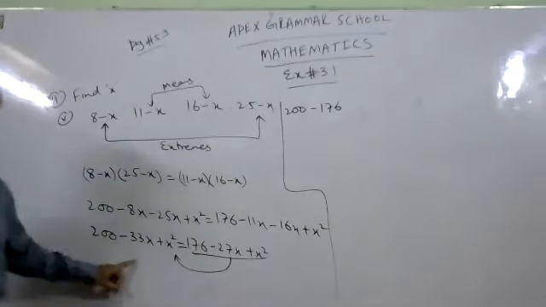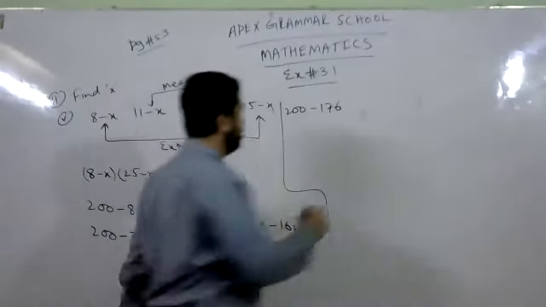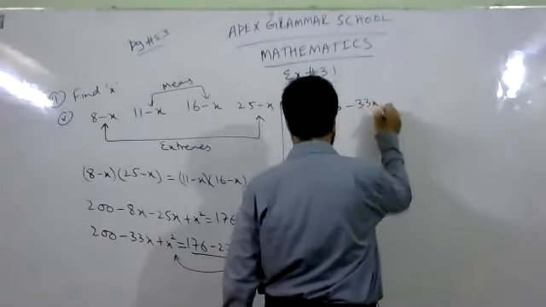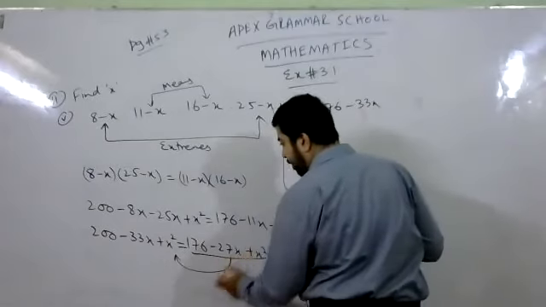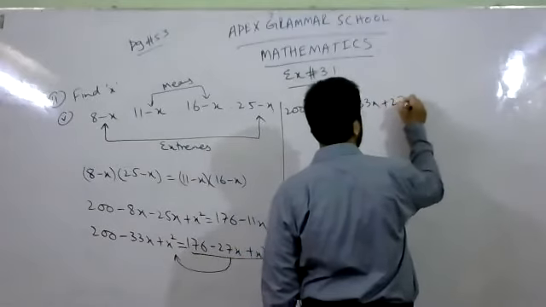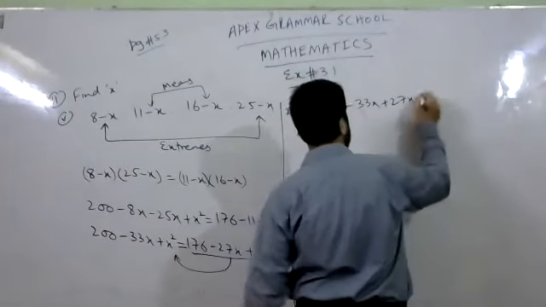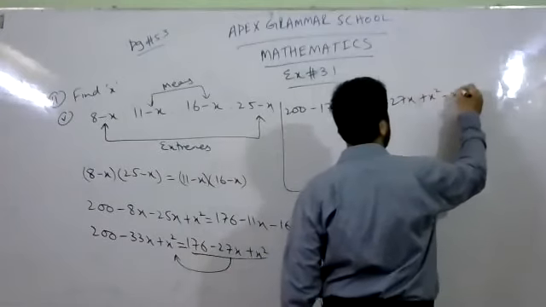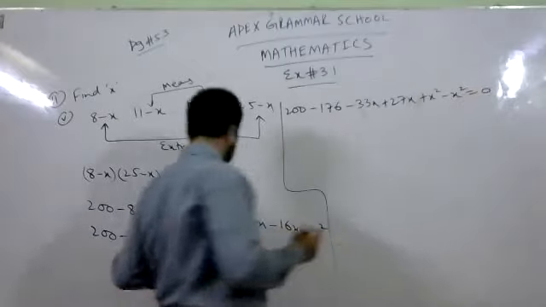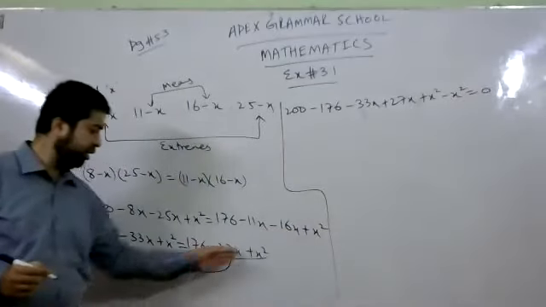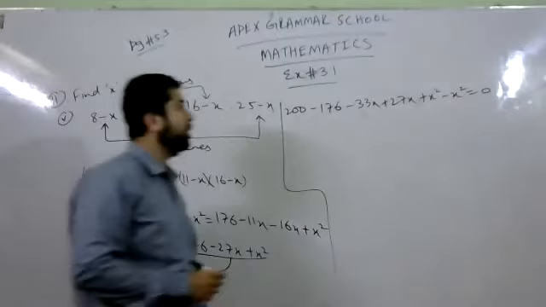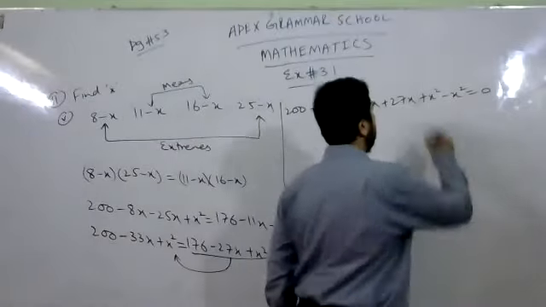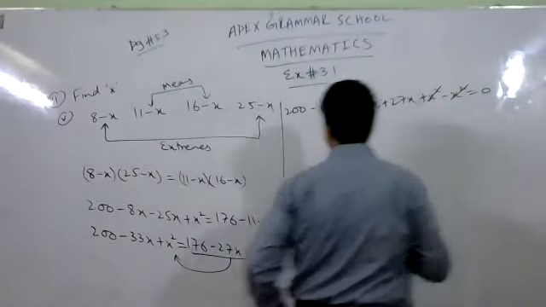Then minus 33x, and then this minus 27x will be positive there. Then this plus x square here, and this positive x square will be negative there, and is equal to nothing, so we need to write 0 here. This x square will cancel this negative x square.